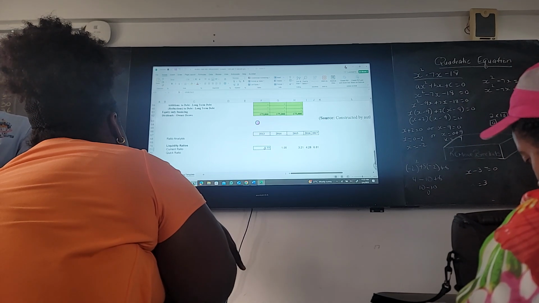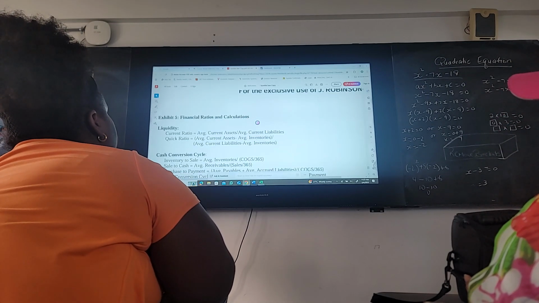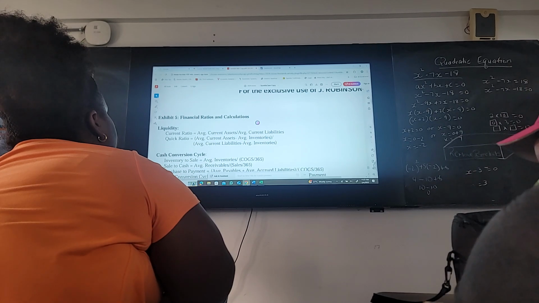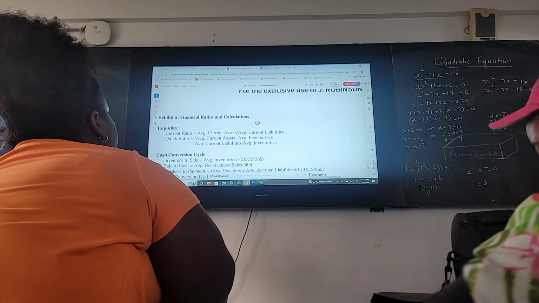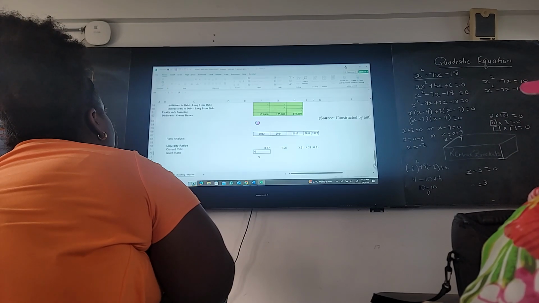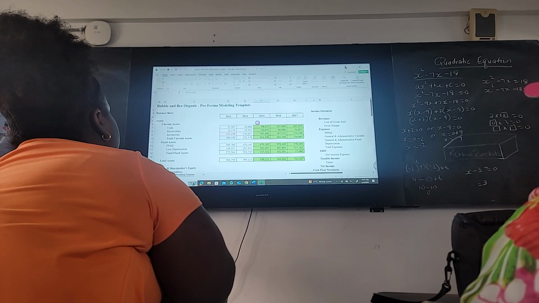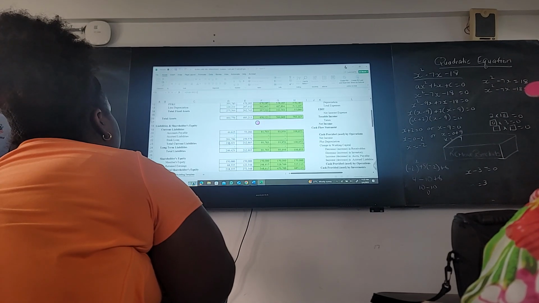So if the rent and the growth happens, the liquidity seems to improve. And the quick ratio is what? Your total current assets minus your inventory, divided by your current liabilities.